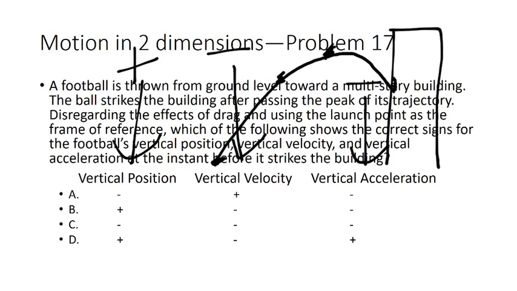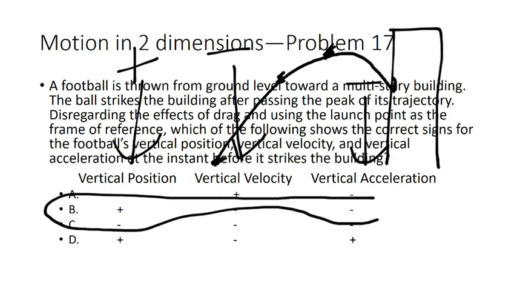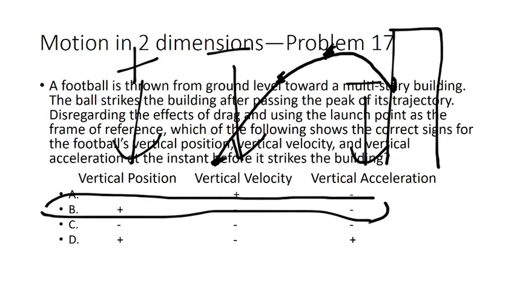So we have a positive position, a negative velocity, and a negative acceleration. So our correct answer on problem 17 is B. Again, that's a positive position, a negative velocity, and a negative acceleration for the vertical versions of each of those.